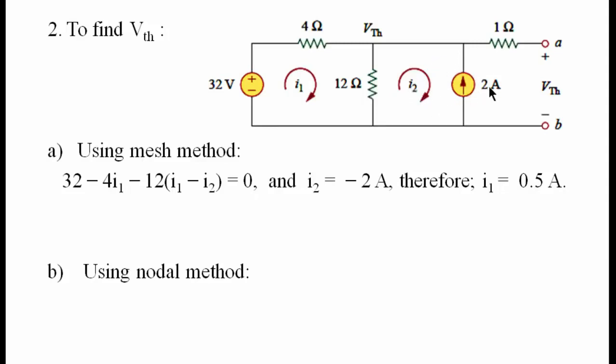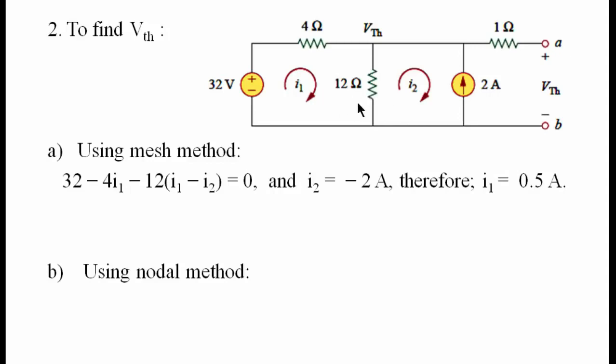Since we have a current source in I2, we can directly say I2 equals 2 ampere. But since the direction of I2 is opposite to the direction of the current source, we write I2 is equal to negative 2 ampere. By substituting this value in this equation, we get the value of I1, which is 0.5 ampere.